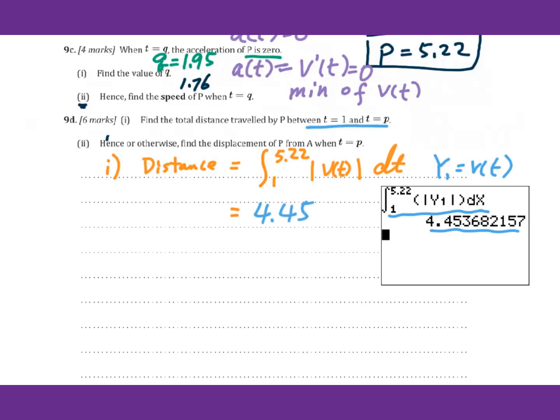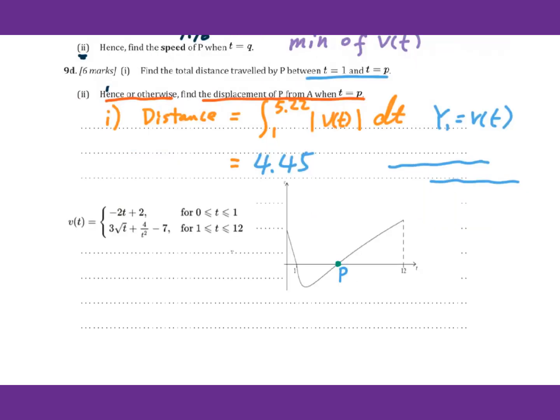Second question. Hence or otherwise, find the displacement of P from A when t equals p. Displacement, that means from 0 to p, 5.22. This p is 5.22.